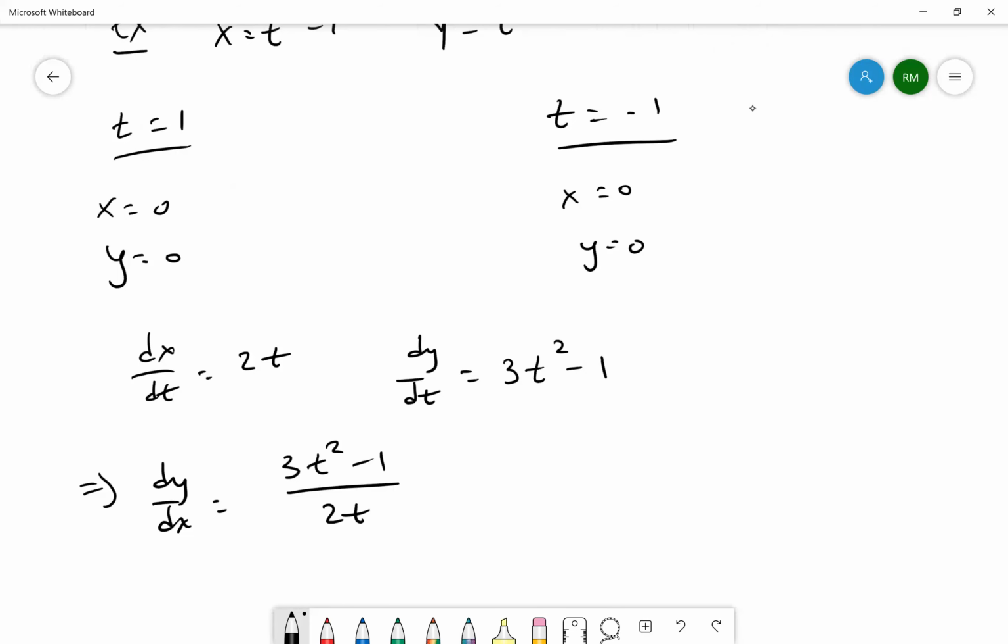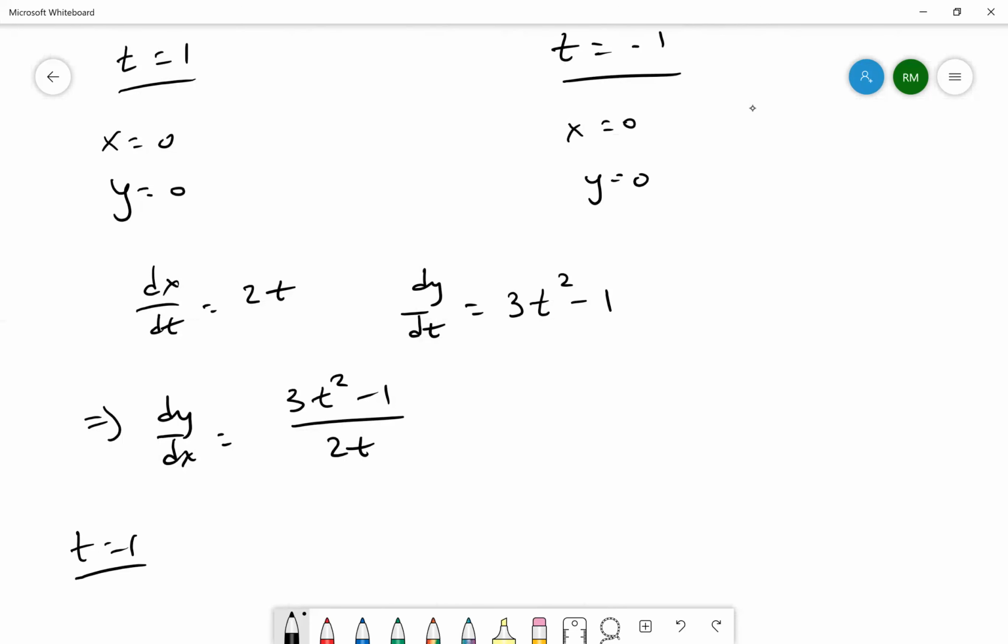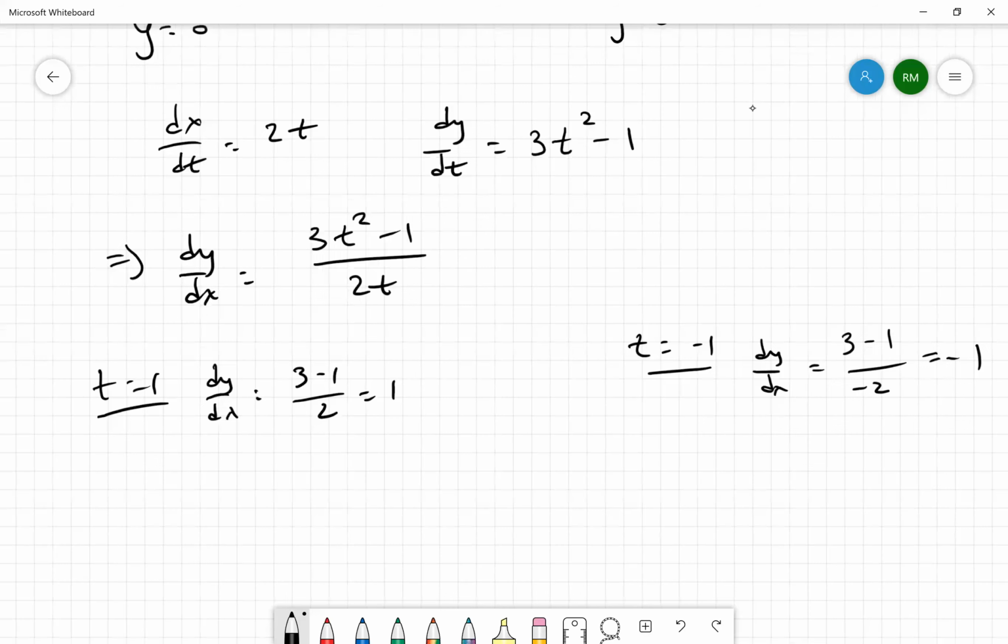So when t is 1, we get a slope of 3 minus 1 over 2, which is 1. And when t is minus 1, we get a slope of 3 minus 1 over minus 2, so a slope of negative 1.